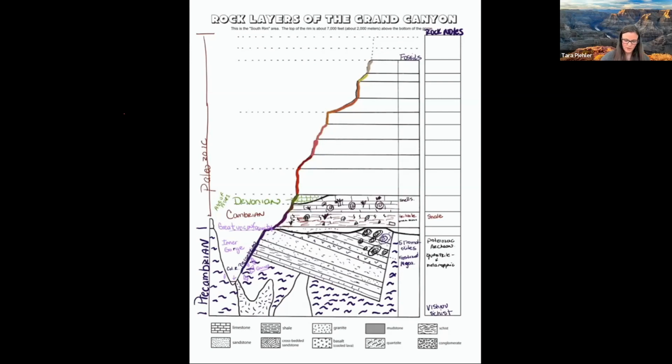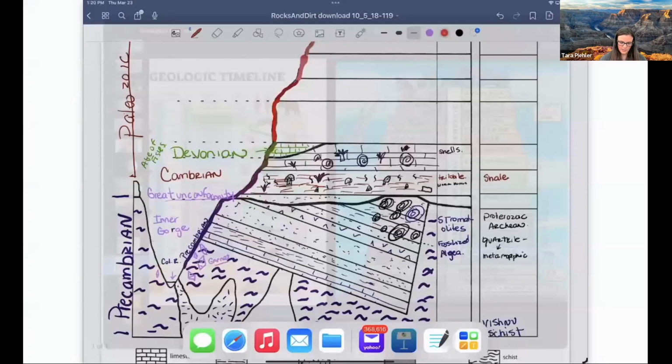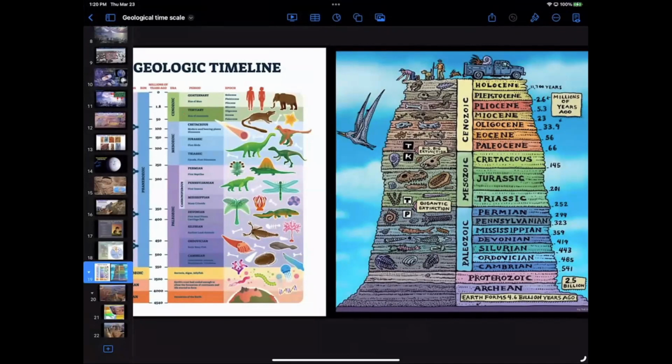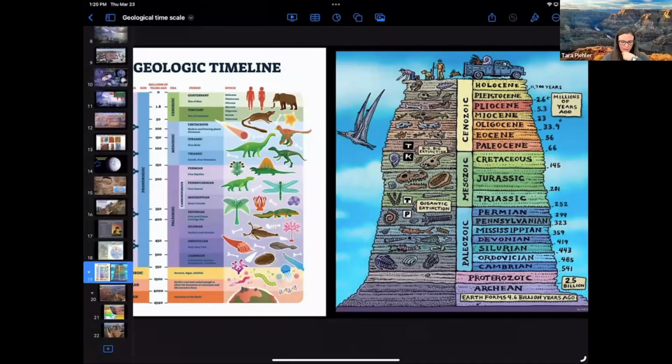All right. Our next time period above that is going to be, so I do have a question while we're on this. We did the Cambrian, but what comes after the Cambrian? Do you guys see it on the list? The Ordovician.